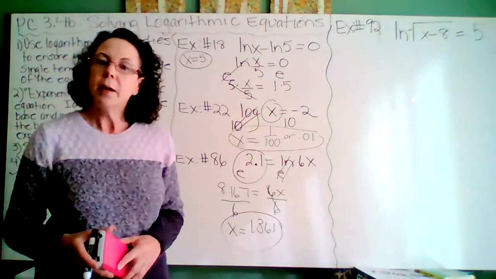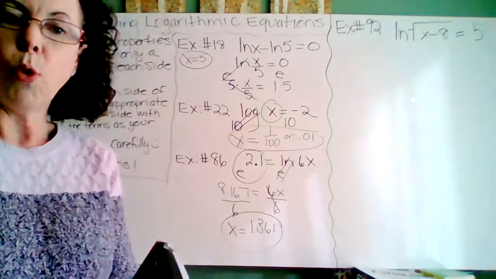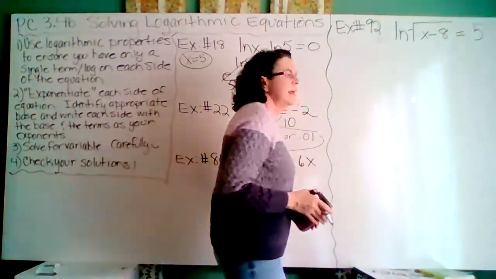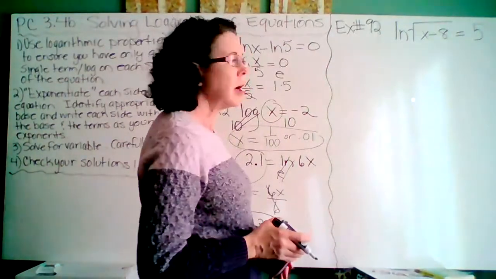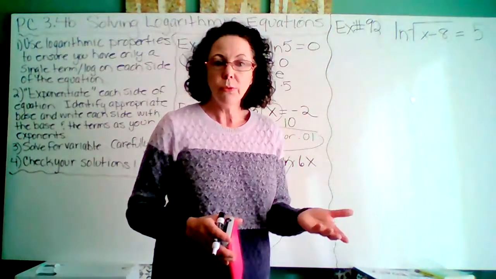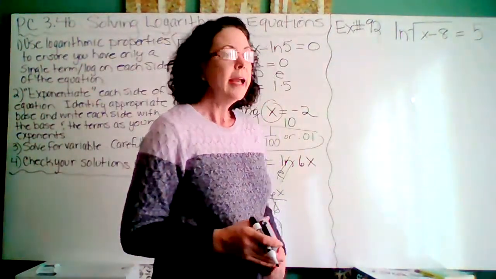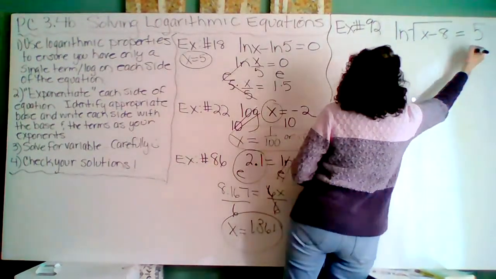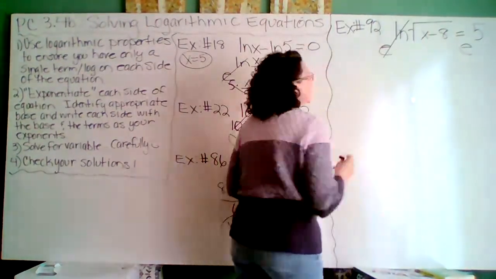Okay, number 92. We have one term and one log on each side of our equation. There's a couple ways to solve this problem, but I think what you would most likely naturally do is see that you have a base of e, so you would exponentiate both sides with a base of e.